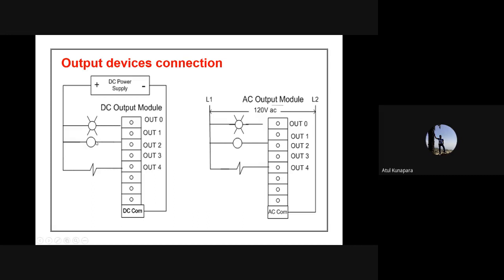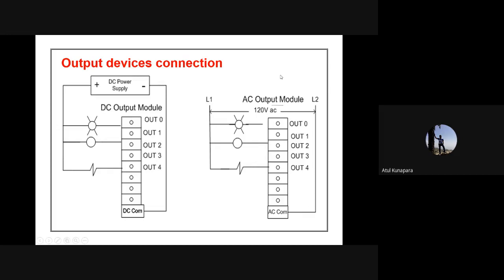Your output device gets one connection from the output pin of the module, and the other terminal of your device is connected to the ground or the negative terminal of the DC supply. If it is an AC module, the other end is connected to the neutral. This is how your output devices are connected with the output module.